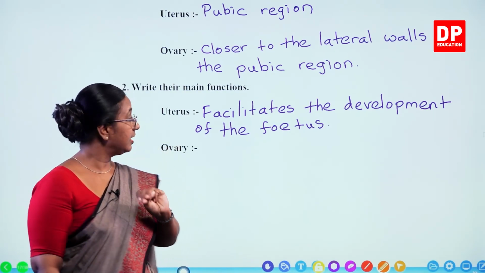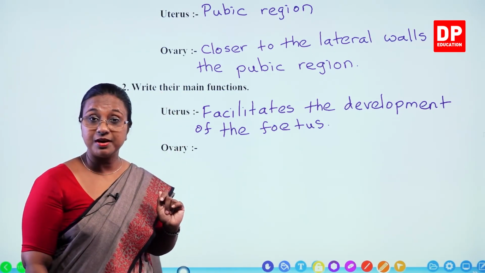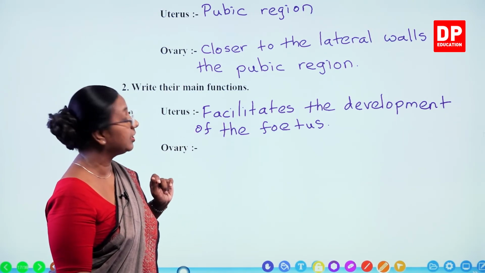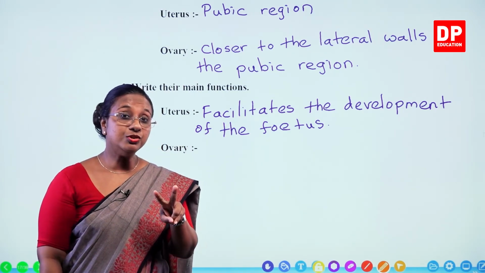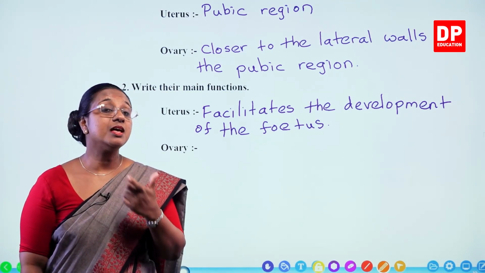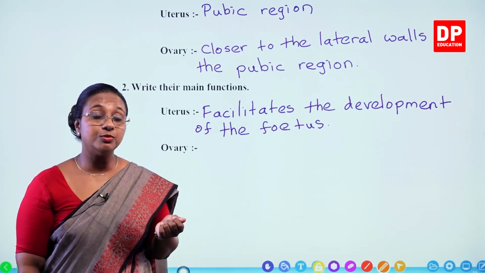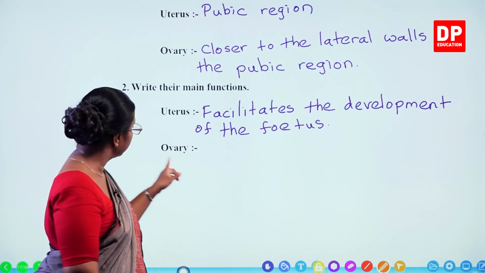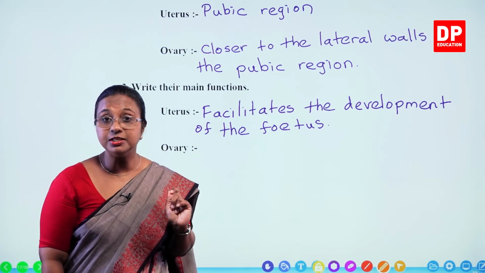There are three main functions for the female reproductive system. One is for the uterus, facilitates the development of the fetus. The other two, development and releasing of ovum, as well as production of hormones. What are the hormones? Progesterone and estrogen. Those two are carried out by the ovary.